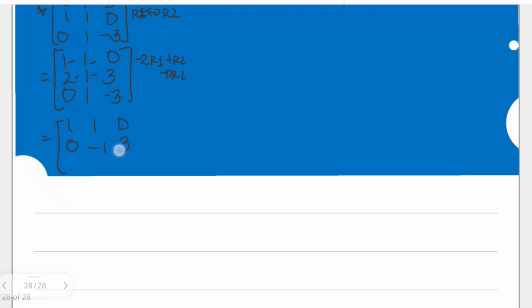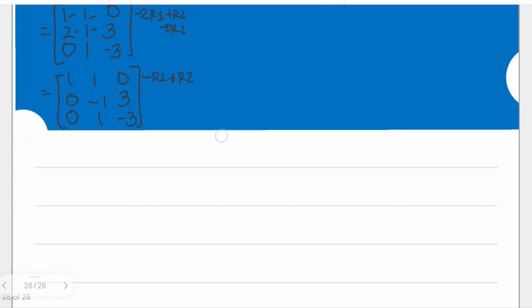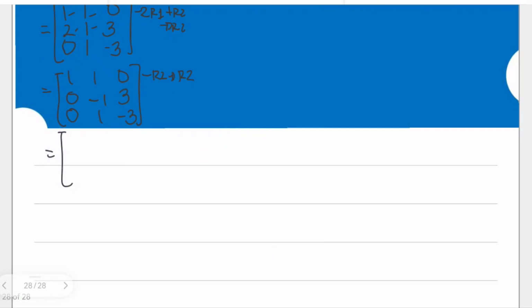This is still 3. So 0, negative 1, 3. Right? Next is to multiply negative 1 to row 2, so this would be a leading 1. So you have here 1, 1, 0, 0, 1, negative 3, 0, 1, negative 3.